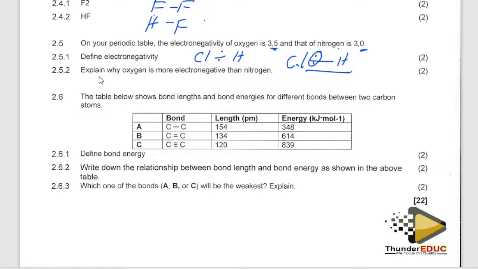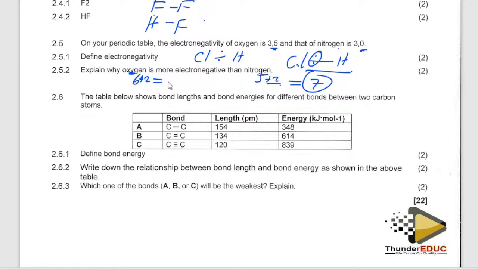Then we go to explain why oxygen is more electronegative than nitrogen. If you look at oxygen, oxygen is in group 6, while nitrogen is in group 5 on the periodic table. Don't forget that it has those 2 electrons from the first shell. So nitrogen is going to have how many protons? 7, if you go to the periodic table.